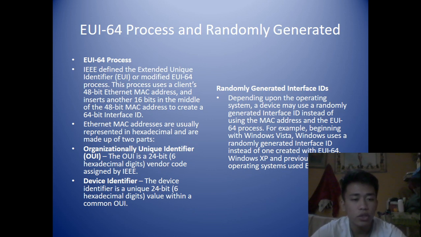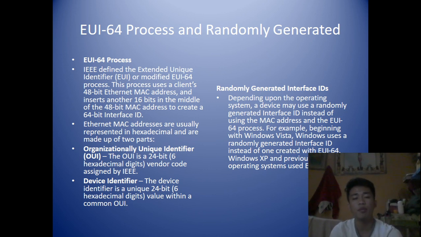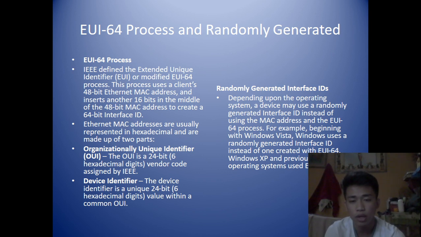The organizationally unique identifier, or OUI, is a 24-bit, 6 hexadecimal digit vendor code assigned by the IEEE. The device identifier is a unique 24-bit, 6 hexadecimal digit value within a common OUI. A randomly generated interface ID depends upon the operating system. A device may use a randomly generated interface ID instead of using the MAC address and the EUI process.